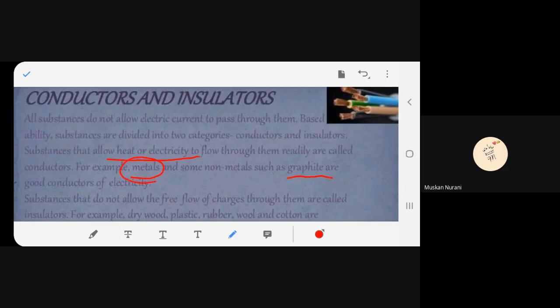Metals, salt solution, and acidic solution. Remember? Now what are we talking about? Non-metals. Which is the exceptional case among non-metals? It is graphite. You understand? So graphite is also a good conductor of electricity.